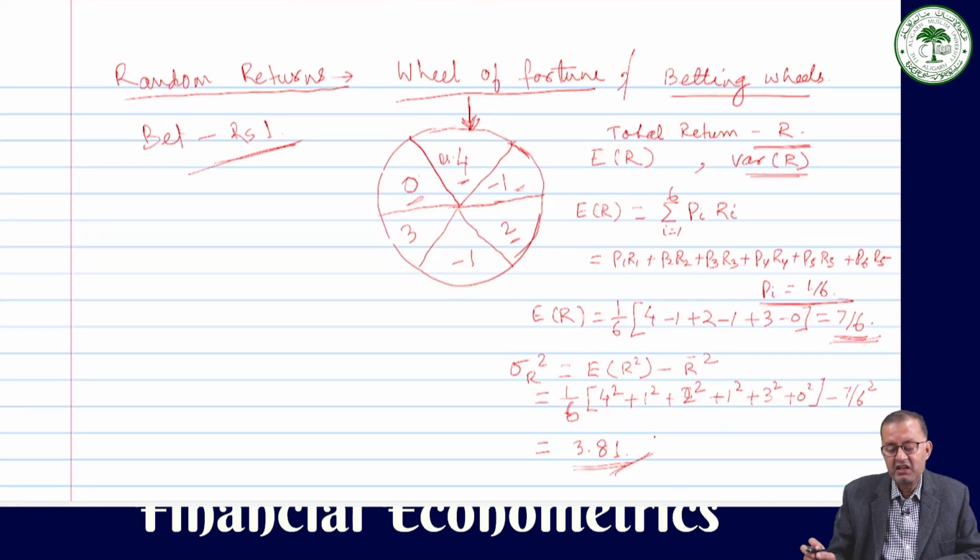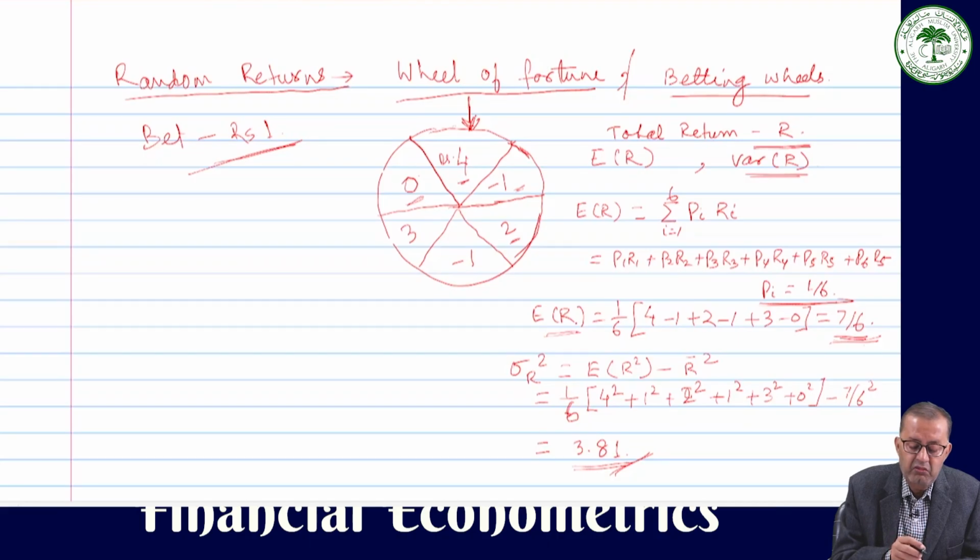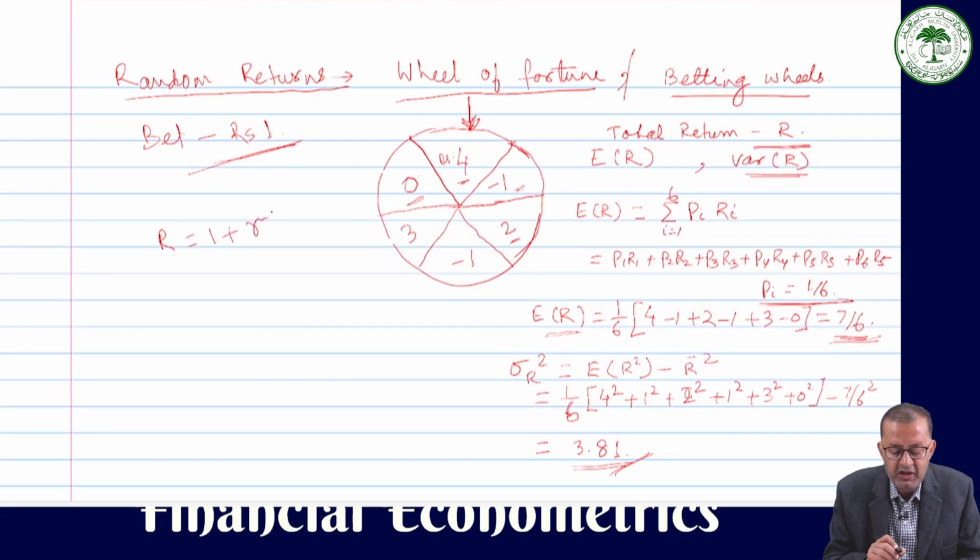Now, there is another concept that we had talked about. This is the total return, the rate of return. If we talk about the rate of return, what we had in the last lecture established is that R is equal to 1 plus r. The rate of total return is equal to 1 plus rate of return. So, what is this r?